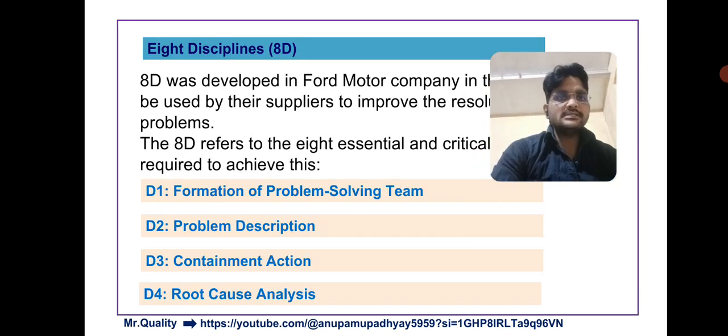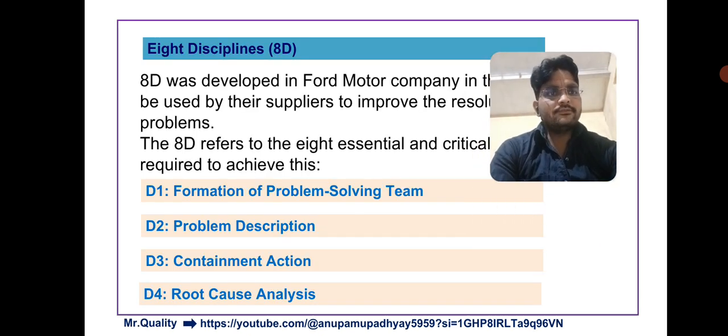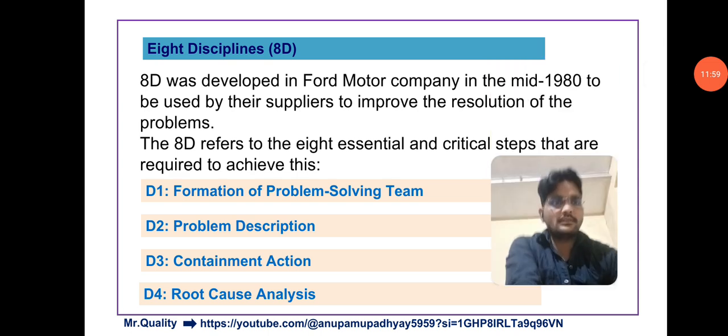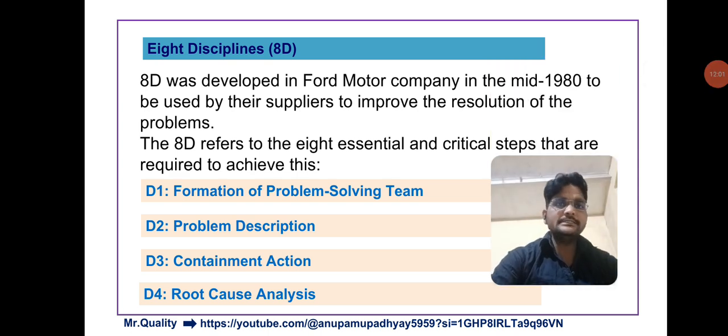Now we will discuss the 8 disciplines, meaning 8D. Actually 8D is 8 disciplines, an engineering methodology to tackle problems. 8D was developed at Ford Motor Company in the mid 1980s to be used by their suppliers to improve the resolution of their problems.